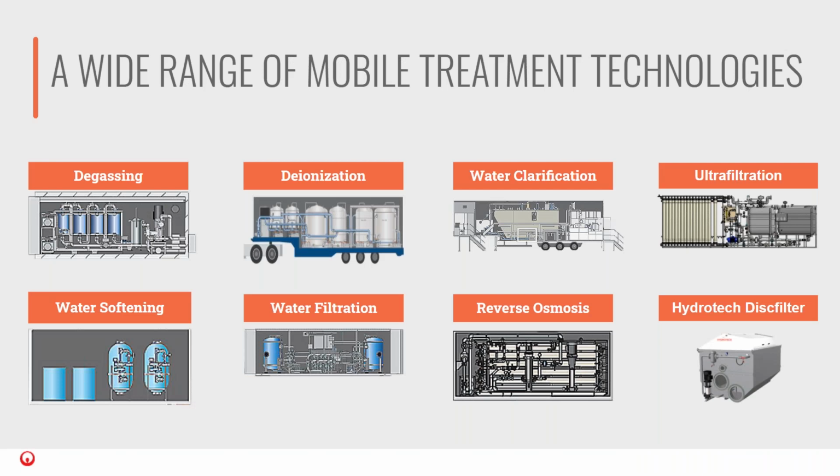Now let's have a look at our wide range of technologies. Here's a snapshot of some of our mobile process and wastewater technologies, ranging from clarification through pre-treatment, primary treatment, and polishing for higher purity applications.